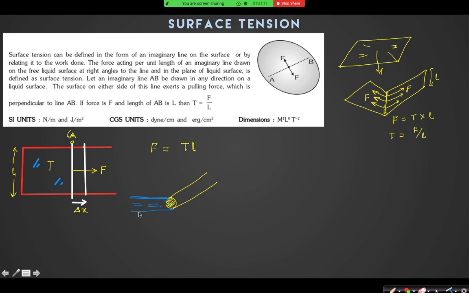This is the thickness of the soap solution. Whenever you have to find a free surface, consider the air to water interface. There are two interfaces here, one is the top surface and another is the bottom surface. Both are free surfaces.